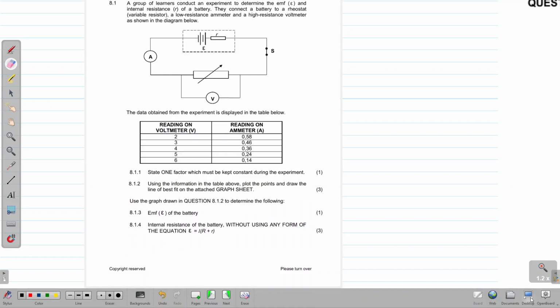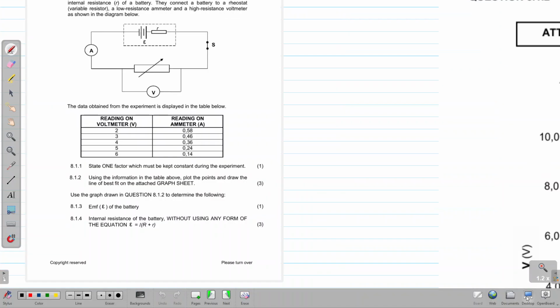Then you can use the graph that you have drawn to determine the EMF of the battery, that is 8.1.3, and 8.1.4, the internal resistance of the battery without using any form of the equation E is equal to I into big R plus small r. If you look at the last video on extrapolation, then this question should be very easy to answer. So let's start with question 8.1.1.